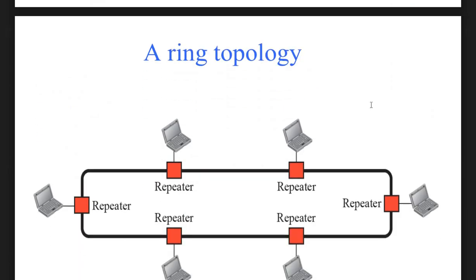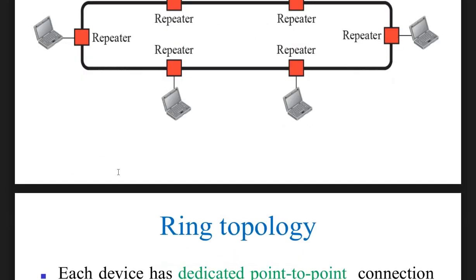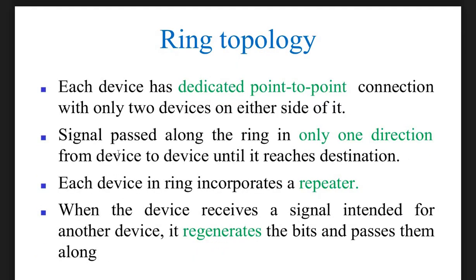Now the last but not the least, we do have something called ring topology. Ring means what? Repeater, right? In bus we add taps, whereas in ring topology we have repeaters. These are the ones which connect the node with all the other devices. So ring topology means each device has a dedicated point to point connection. The only thing which is multi-point is bus.